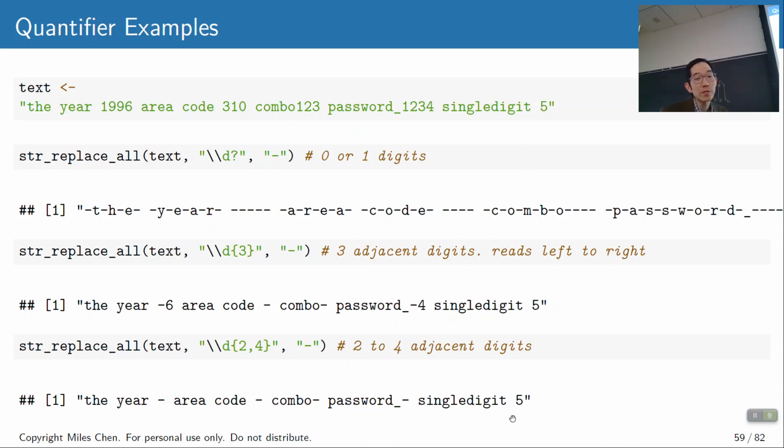But the single digit 5 does not match between 2 and 4 adjacent digits, so that gets left there. So that's how the quantifiers work. I hope that makes sense. Let me give you your next view quiz answer, which is the letter B. B as in bear is your second view quiz answer.